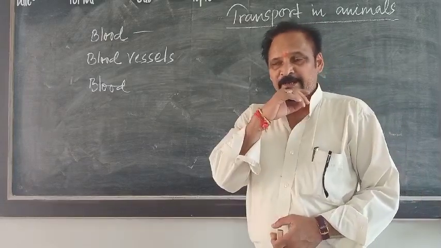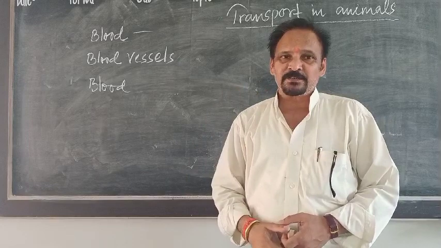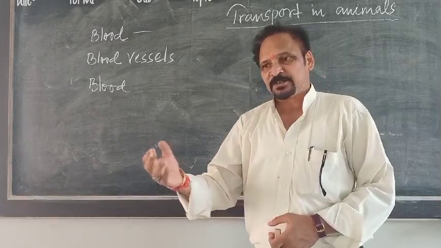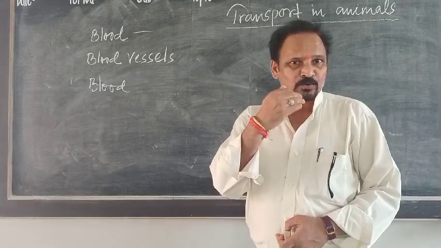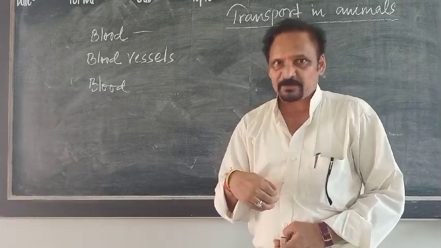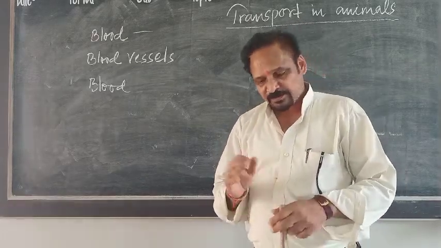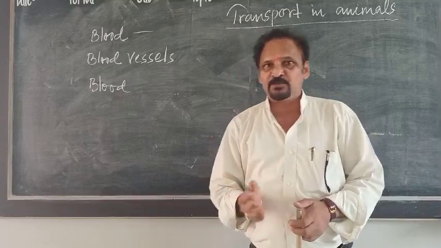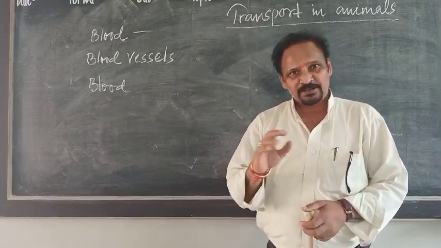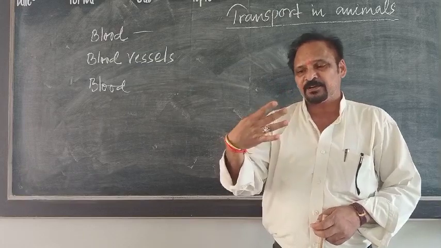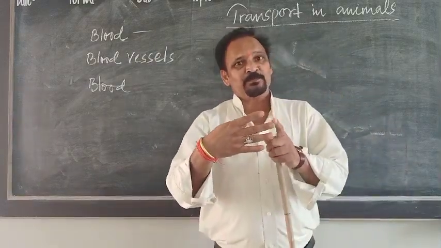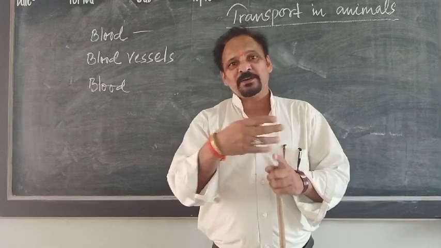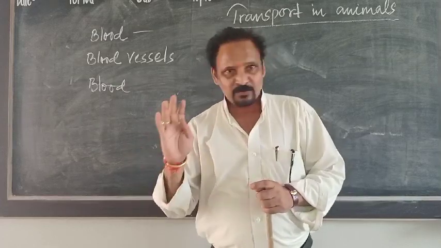In nutrition, when we take various nutrients from our surroundings, they go through our alimentary canal, and the stomach and small intestine digest them. Inside the small intestine there are finger-like projections known as villi. These villi are responsible for absorption of various digested materials.